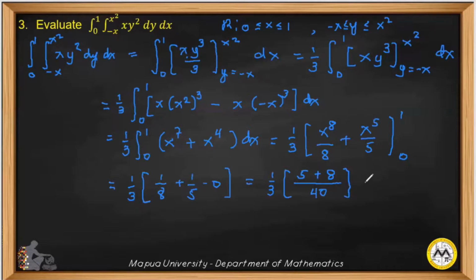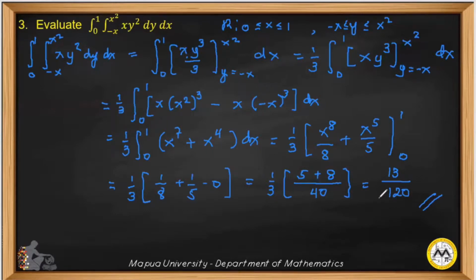So we have 5 plus 8 is 13 over 40 times 3, which gives us 120. Therefore, the double integral of x y squared dy dx, where y goes from negative x to x squared and x goes from 0 to 1, is 13 over 120.